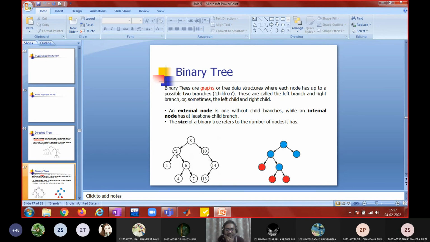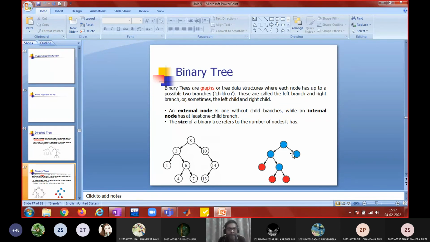So this is called left child, this is called right child. Such trees are called binary trees, trees having at most 2 children.